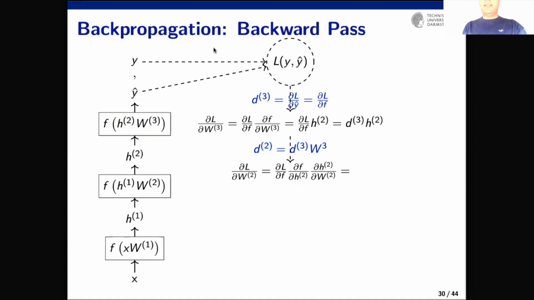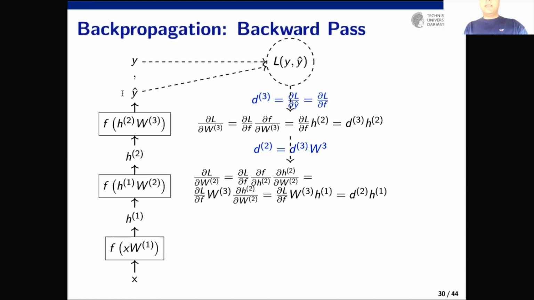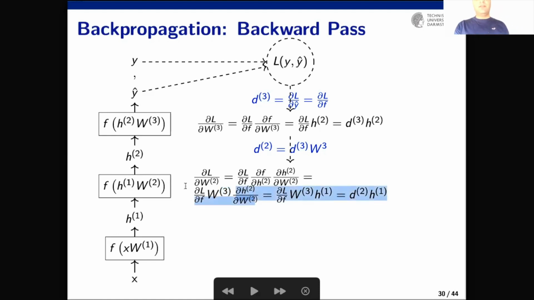So we can rewrite this: the derivative of L with respect to F is D3, the derivative of F with respect to H2 is W3, and the derivative of H2 with respect to W2 is H1, all right? And we said that D3 times W3 is D2, so we can say it is D2 times H1, all right?